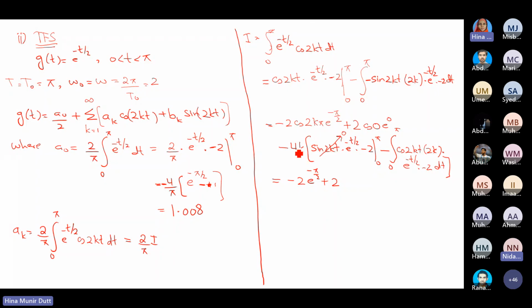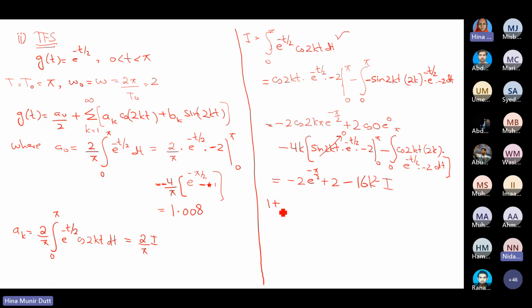So minus and this minus and this minus. Again, I have a minus sign over here. This 2, 4, and this 4. This becomes 16k, and this k is square. And in the integral, I have the integrand cos 2kt e to the power minus t over 2, which is I, this one.